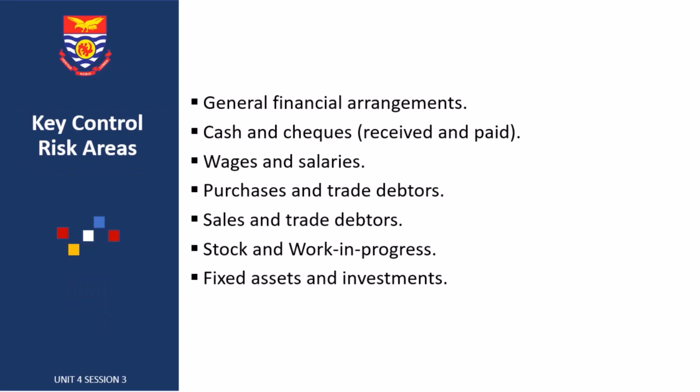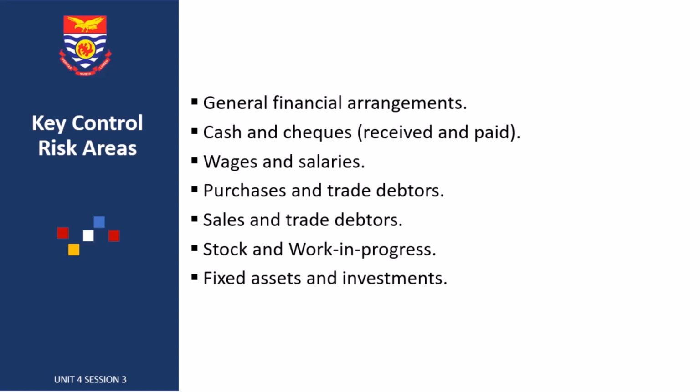Now let's look at the key control areas. Every organization, or as an auditor going to audit a client, you need to consider certain key control risk areas. There are certain areas that have high risks, so as a result of that, you need to put in some key controls. You have to look at the general financial arrangement. You look at the cash and checks received and paid to see if there are some risks associated with that.